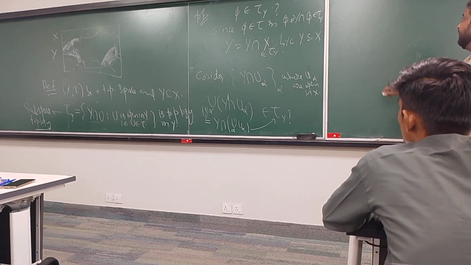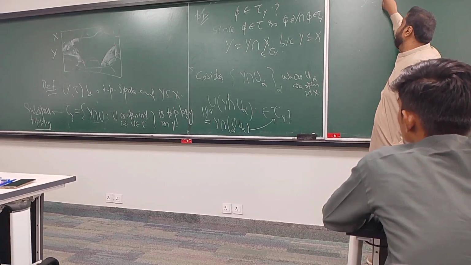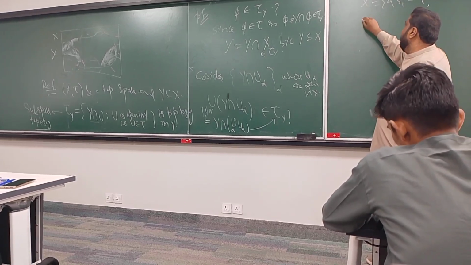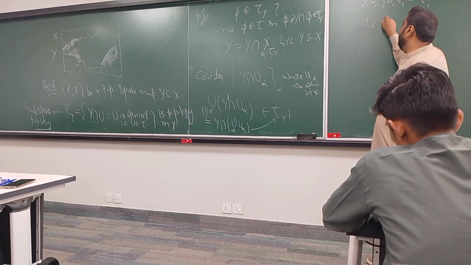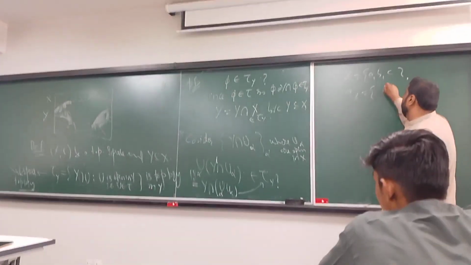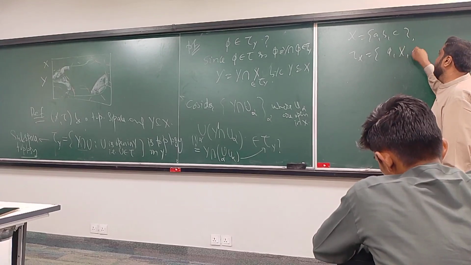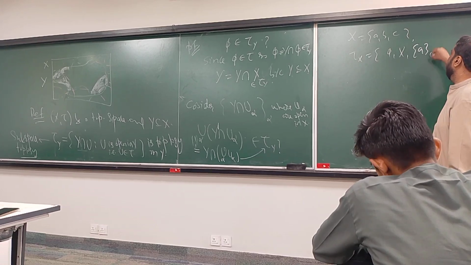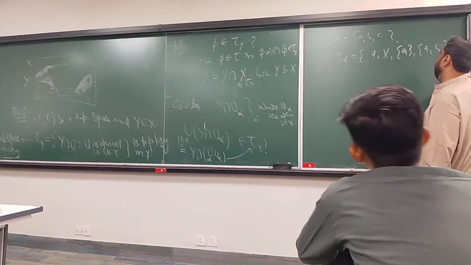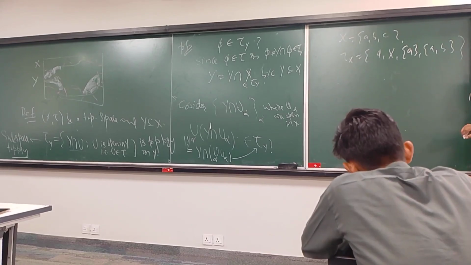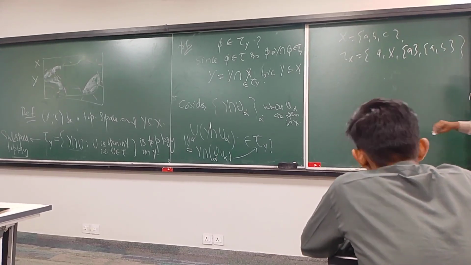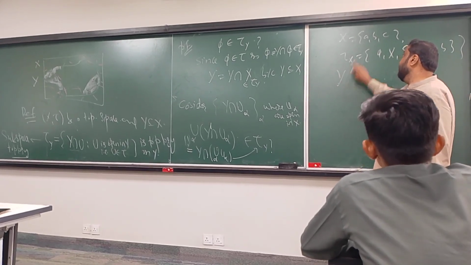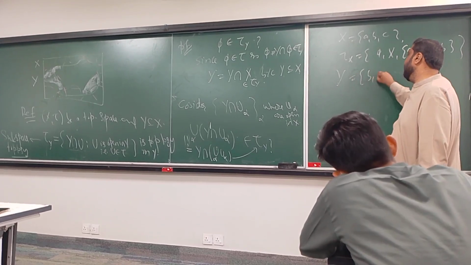For example, if you take X to be {A, B, C}, and give me a topology on X. So you set X, {A}, and say {A, B}. So that's a topology. Now if I take, for example, a subset of X, let's say I take Y = {B, C}.